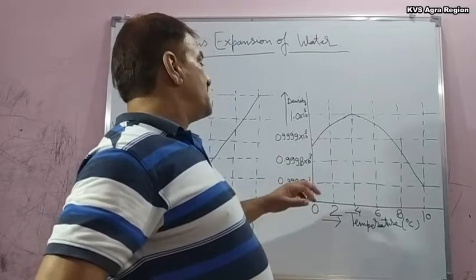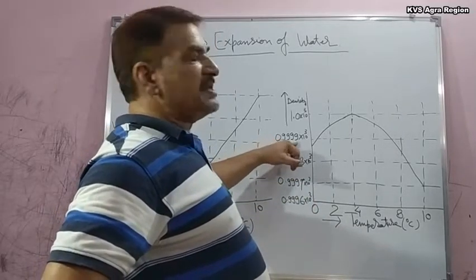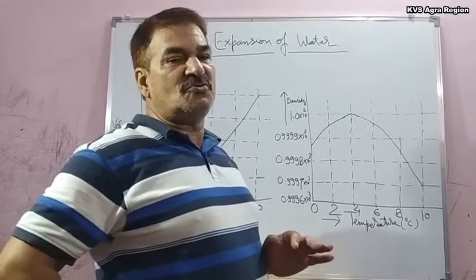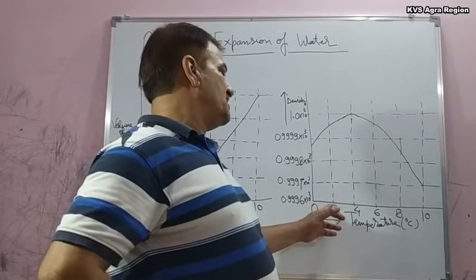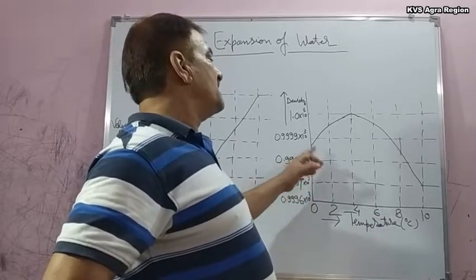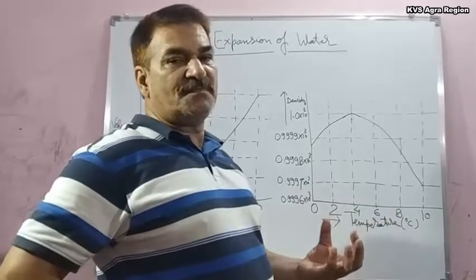So at 0 degrees Celsius, the density is somewhat lesser than 0.999 into 10 raised to power 3 kilogram per meter cube. And when temperature is increased from 0 to 2 degrees Celsius and then to 4 degrees Celsius, the density of water increases because of the decrease in the volume.